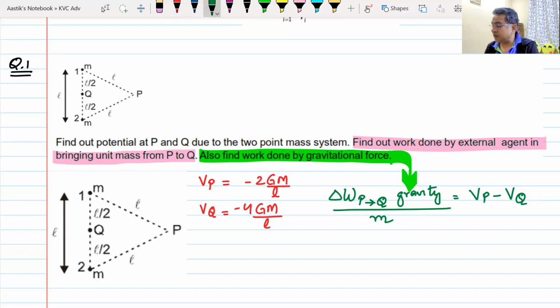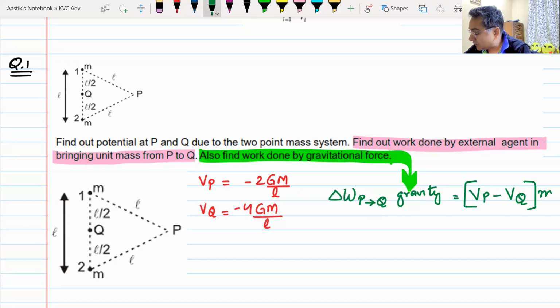Yes or no? So basically what you need to do is multiply this by the unit mass. So the work done by gravity in moving the unit mass from P to Q will be (Vp minus Vq) multiplied by m.